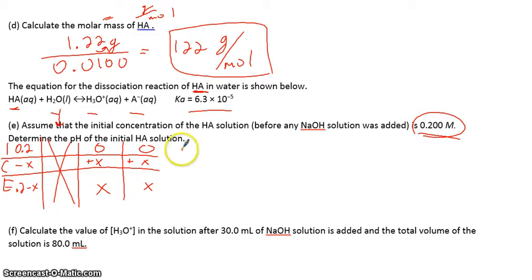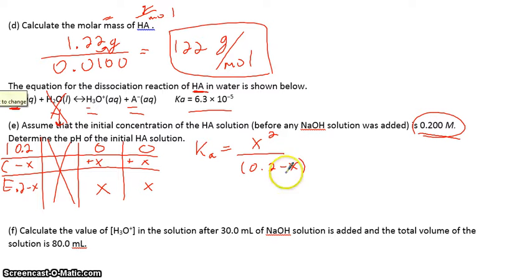Then everything is set up to equal Ka. Remember that Ka is these two divided by this one, because water is out. So Ka turns out to be x squared over 0.2 minus x. And again, like before, the x can be crossed out because the Ka is 3 orders of magnitude or greater different. So let's go ahead and solve it.